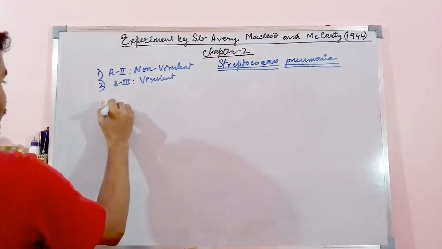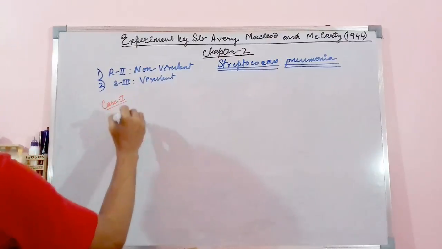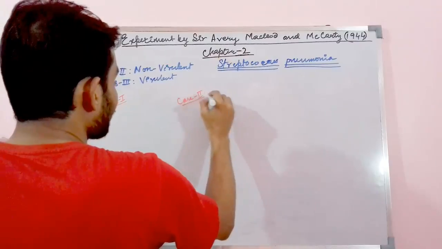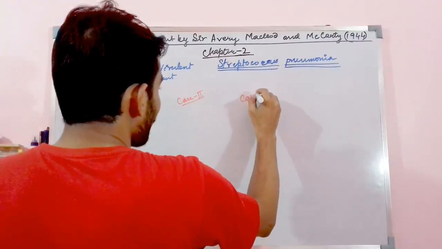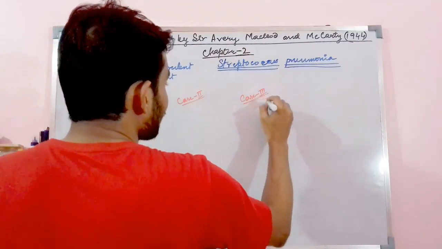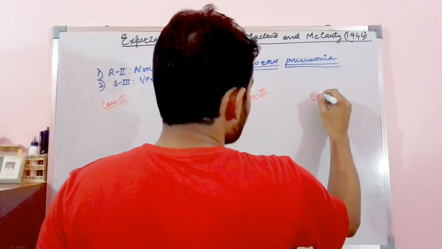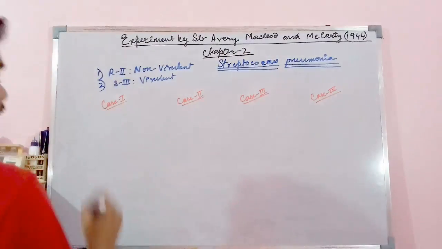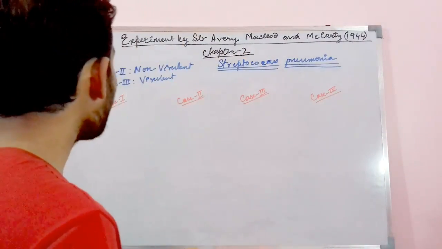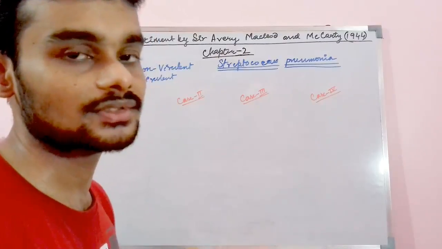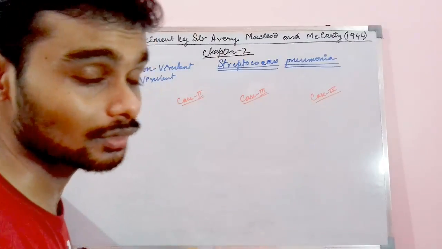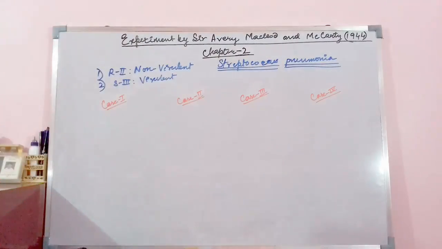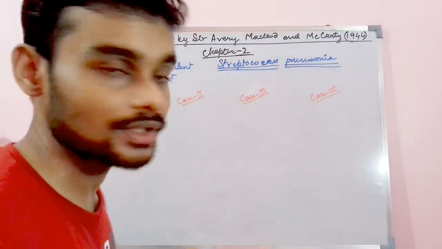So, case 1 again, then case 2 again, case 3 again, and case 4 again. Now as I mentioned earlier, the R2 type strain was non-virulent, not pneumonia causing or lethal at all, and the S3 type strain was the pneumonia causing strain of the Streptococcus or Diplococcus pneumoniae.